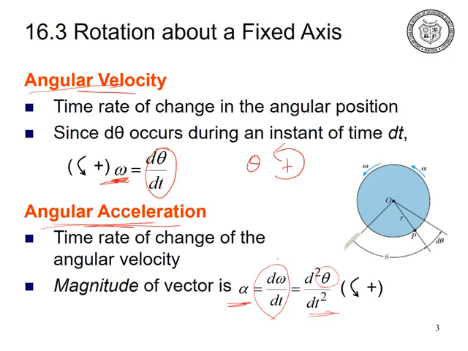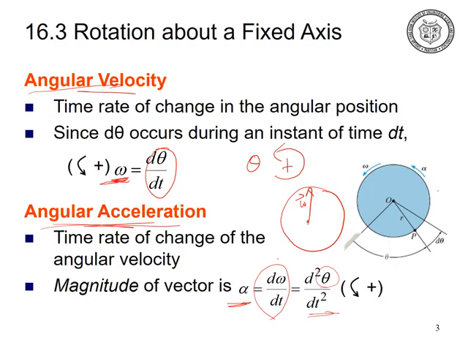Again, the convention to be followed is that the angular acceleration in the counterclockwise direction is taken as positive. But you must keep in mind that it is not necessary that the direction of angular velocity and the direction of angular acceleration will be the same. There may be a case where they are the same, but it is not necessarily true. Let us say that initially this is the direction of the angular velocity, omega.